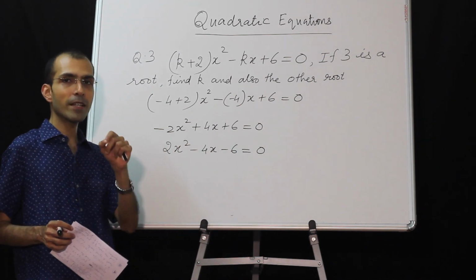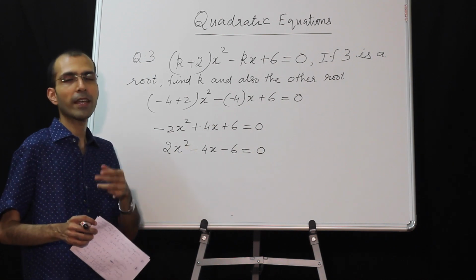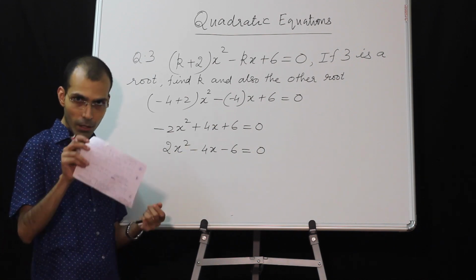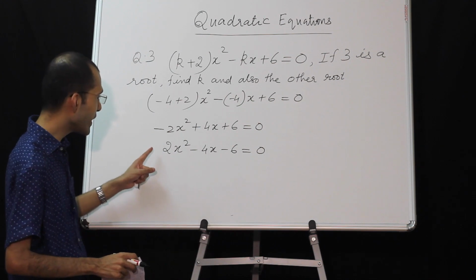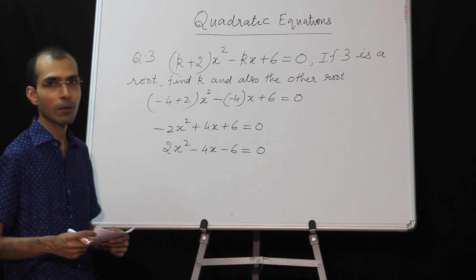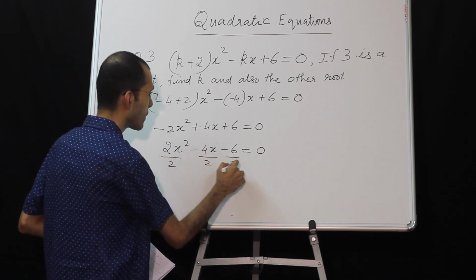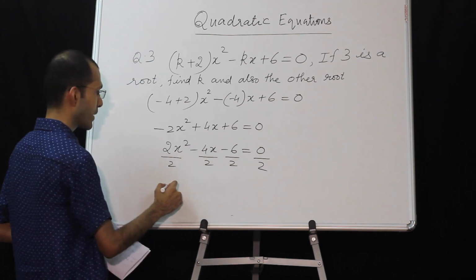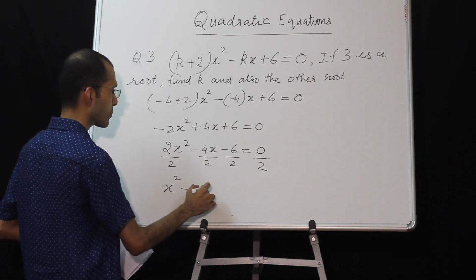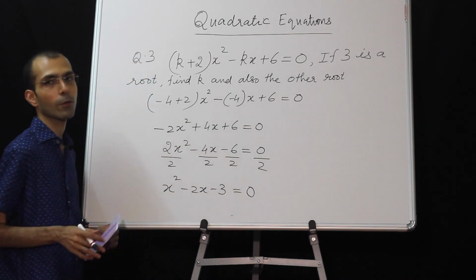Have this habit, whenever you have an equation which has scope for some simplification, to make it smaller, do that. Here I can divide each and every term by 2, as that is the highest common factor. So this will become x square minus 2x minus 3 equaling 0.